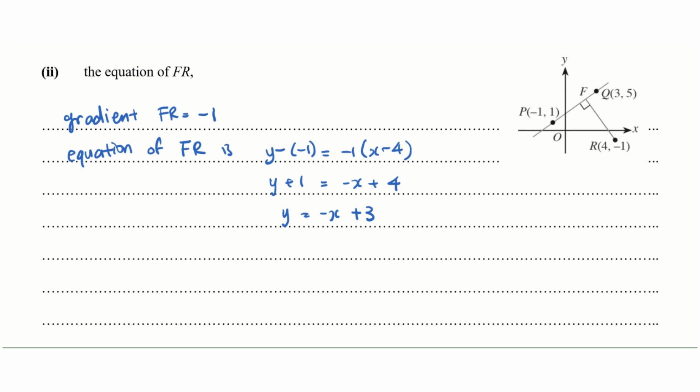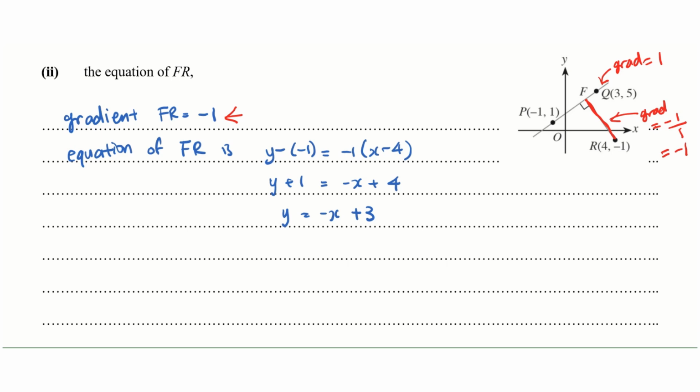Next, we take a look at part 2, where we want to find the equation of FR. FR is this perpendicular line. In part 1, we found that the gradient of PQ is equal to 1. Because FR is perpendicular to PQ, the gradient would be the negative reciprocal, so -1 over 1, and that is -1. So this is how I got this -1 here.